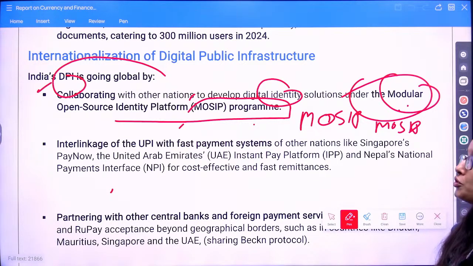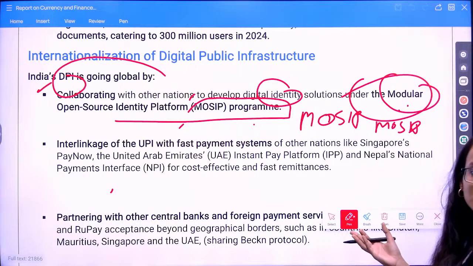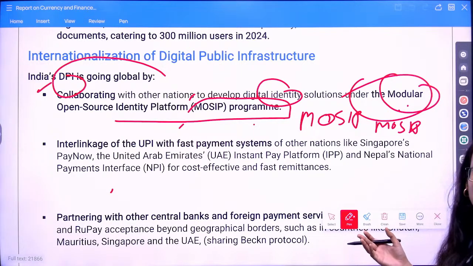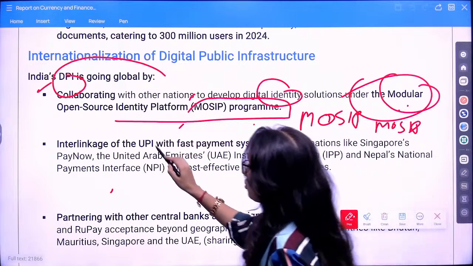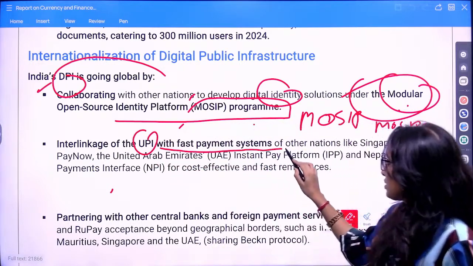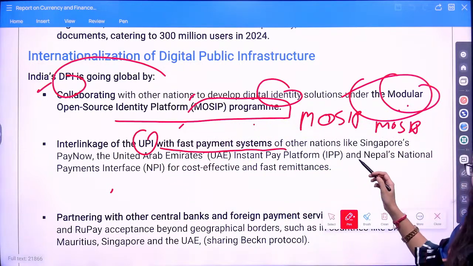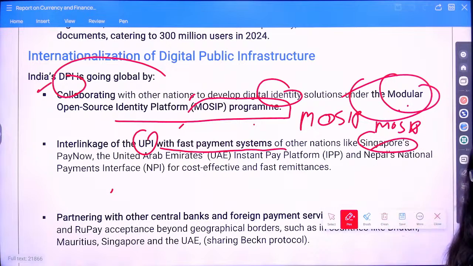Also talking about UPI, so interlinking UPI with fast payment systems of other nations, we are doing that, right? There are nations who are adopting UPI for their online transactions. So interlinkage of UPI with fast payment systems of other nations, which are the nations like Singapore. So Singapore's PayNow, which are the countries and their payment systems with which we have been able to integrate the UPI.